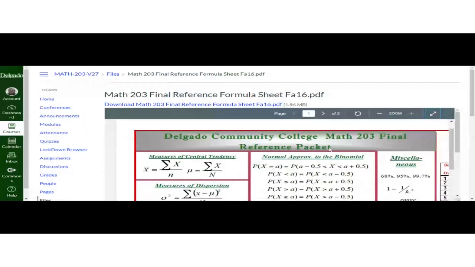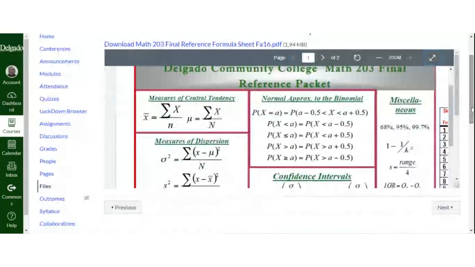Well, actually, there we go. In the first two on the left there's your mean formula, whether you're dealing with the sample mean or the population mean, they're both calculated the same. That's the formula if that helps you.